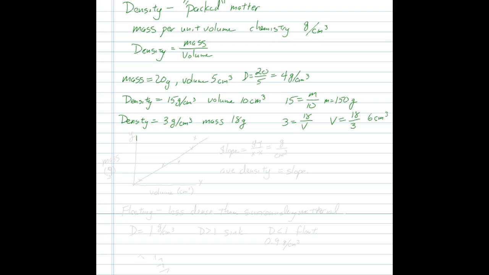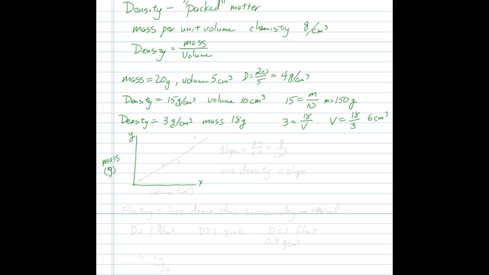Density graphs. If you graph the density, you put the mass on the y-axis, mass in grams on the y-axis.